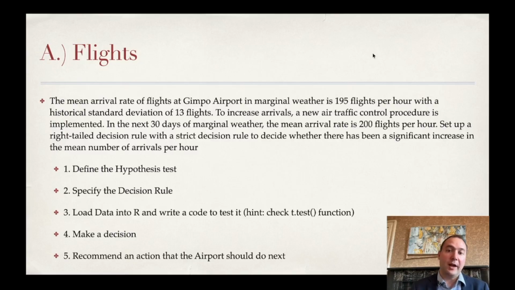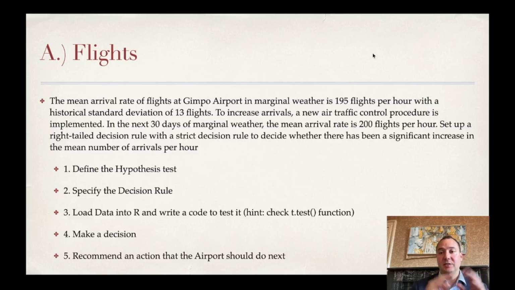To increase arrivals, a new air traffic control procedure is implemented. In the next 30 days of bad weather, the mean arrival rate is 200 flights per hour. Set up a right-tailed decision rule with a strict decision rule.